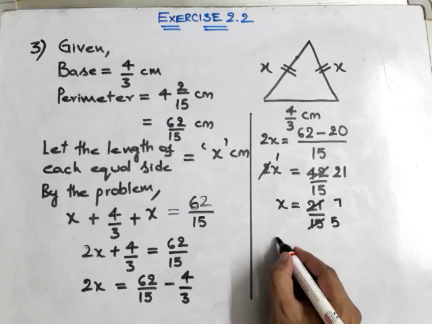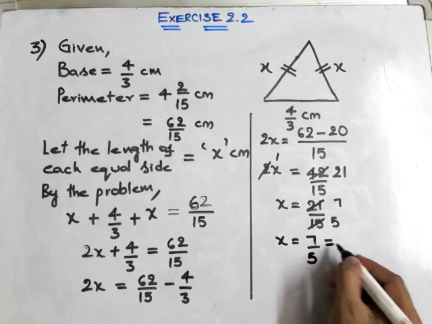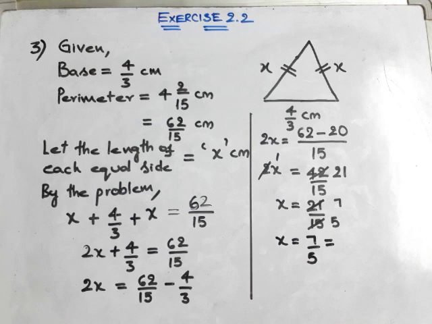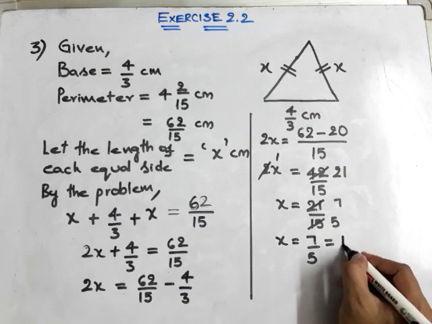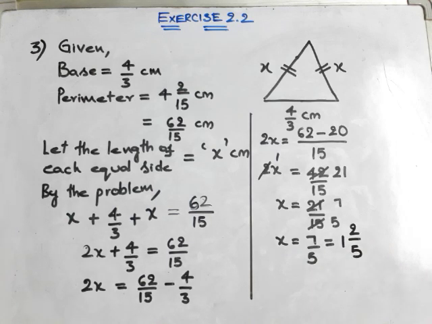Now we have the value of x as 7/5, which we have to write as a mixed fraction, that is 1 2/5. So the value of x we have now is 1 2/5.